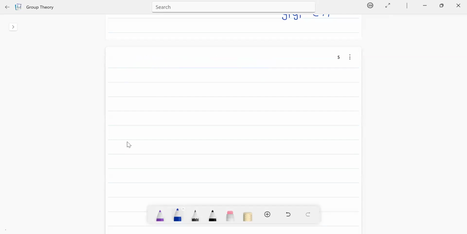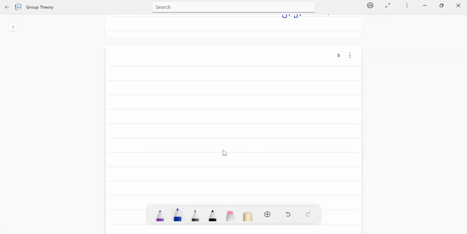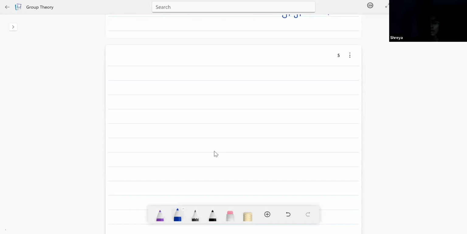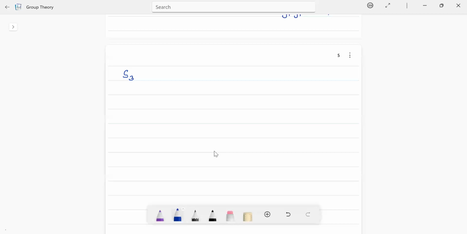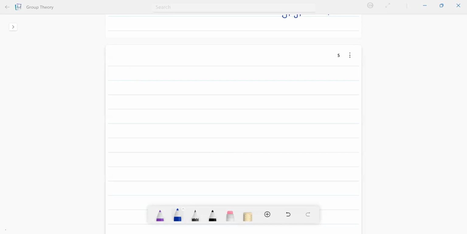So I don't get the argument. So you're saying that S3 is what? What is the argument? It's not isomorphic. Okay, so if you have S3, and then why H is not, oh yeah, I get why it's normal.